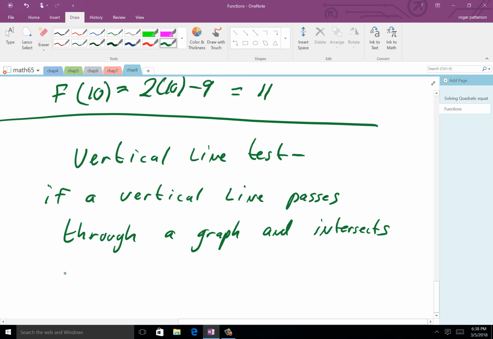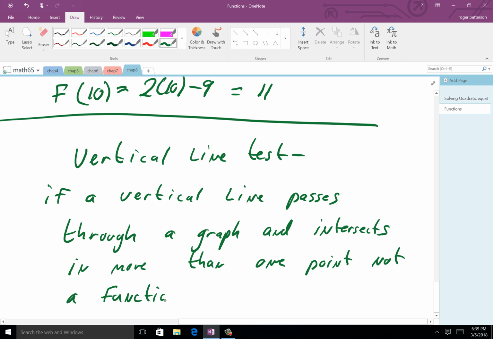If it intersects in more than one spot, more than one point, it's not a function. Right, that's the vertical line test.